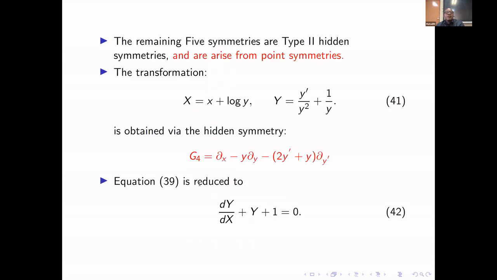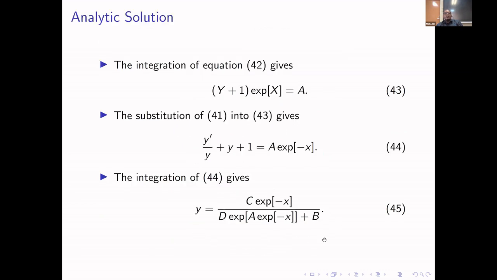Now I use G4. G4 leads us to those transformations here, okay? And basically reduces our equation 39 to this first order ODE, equation 42.